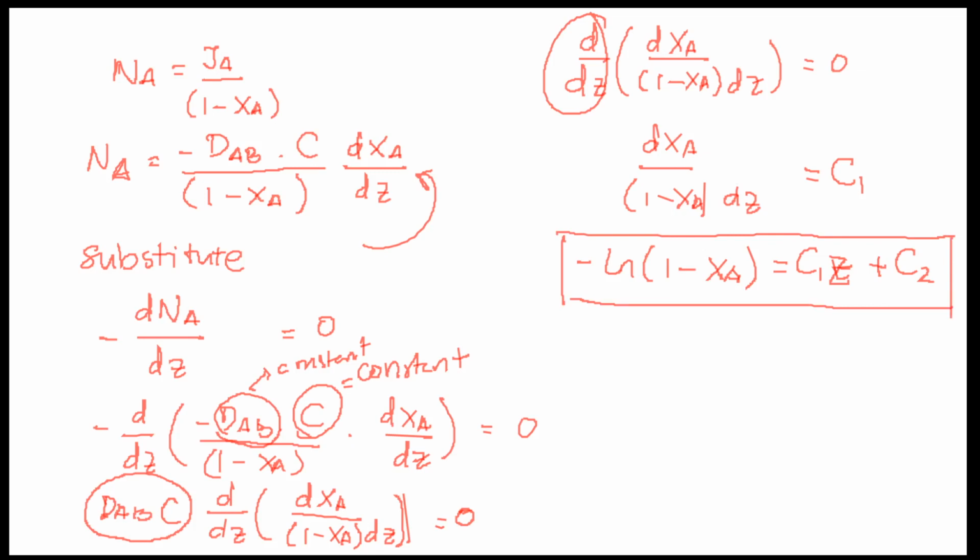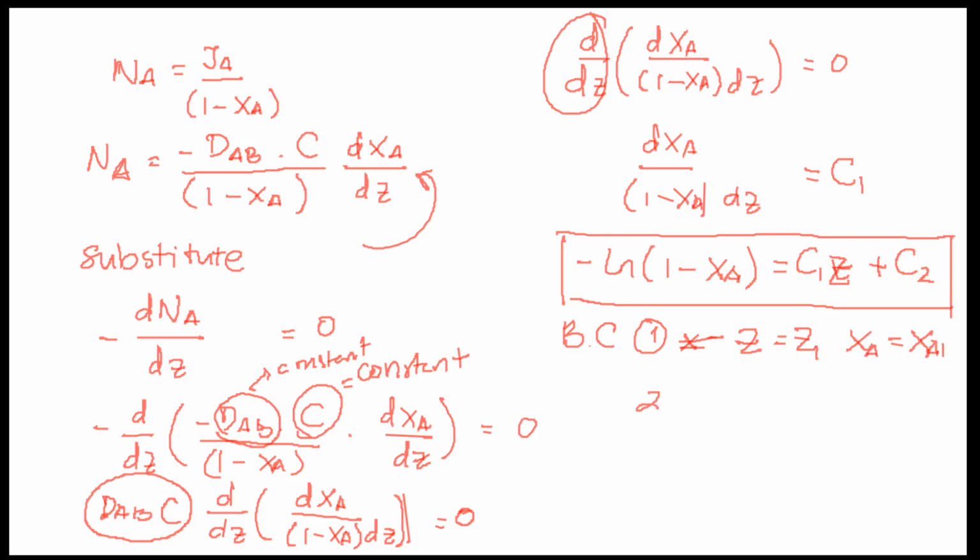Now we need the boundary conditions. We need two boundary conditions. The first one, at Z equal to Z1, XA is XA1.